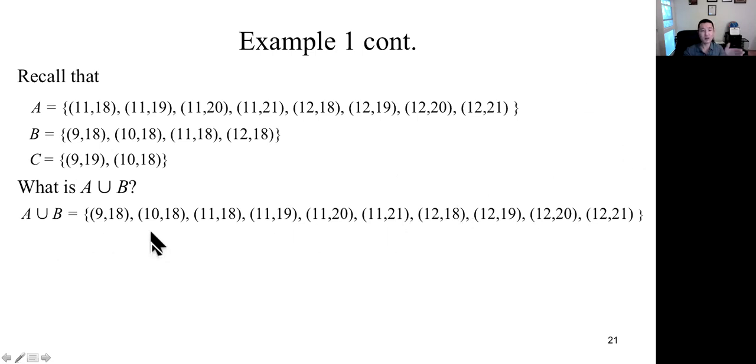But remember, do not repeat the same events. If they have something in common, do not repeat. For example, 12 and 18 occur in both A and B. When you copy, do not repeat these. They just occur once.